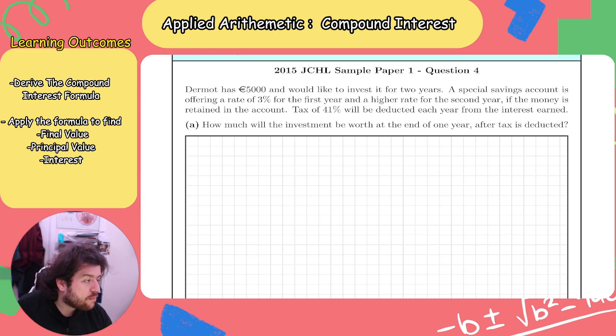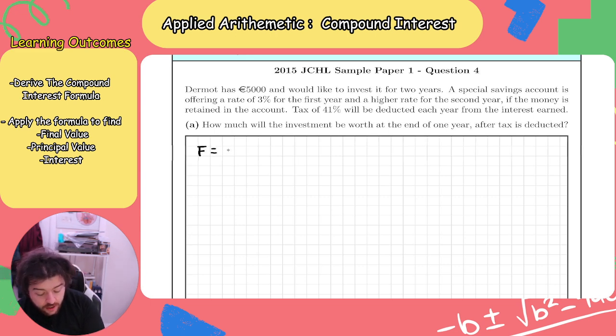Tax of 41% will be deducted each year from the interest earned. So A, how much will the investment be worth at the end of year 1 after tax is deducted? If you notice here, we are earning interest, but it's not compounded interest because our interest rate is changing every year. So let's fill out my formula here.